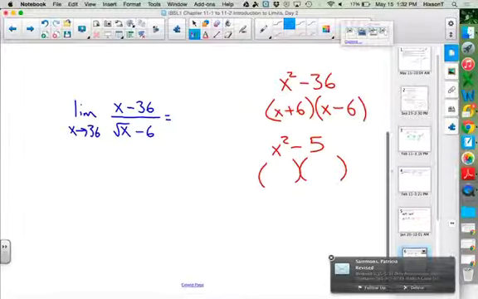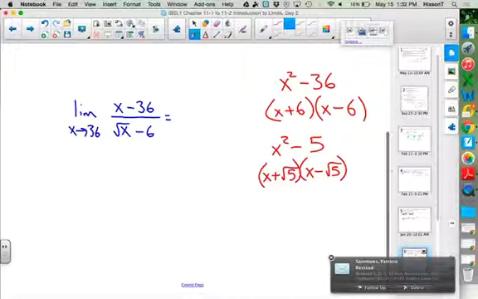X plus root 5, x minus root 5. You're using the difference of squares. Back in Algebra 1 when you first learned it, your teacher always said these had to be perfect squares, and in Algebra 1 they did. Now though, we can take that same concept and expand it.